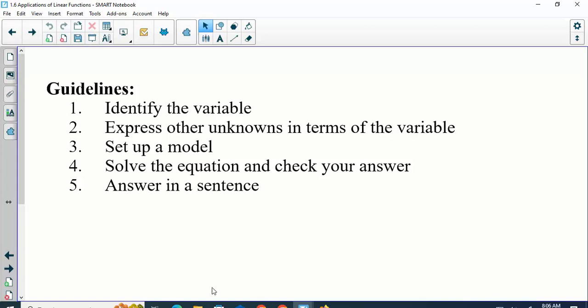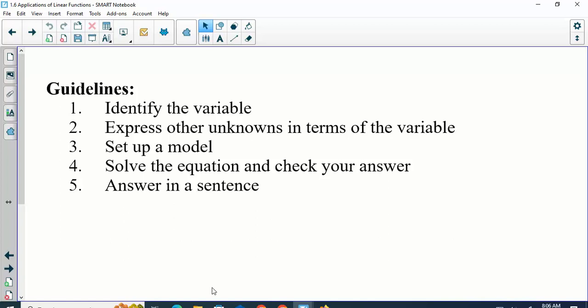You always have to identify your variable. If you are solving a problem with x, I have to know what x is, and you have to know what x is, because we're going to encounter problems where we are looking for a couple different things. And if you don't know which one you made x, then when you get to the end, you won't know what your answer means. So you have to identify your variables.